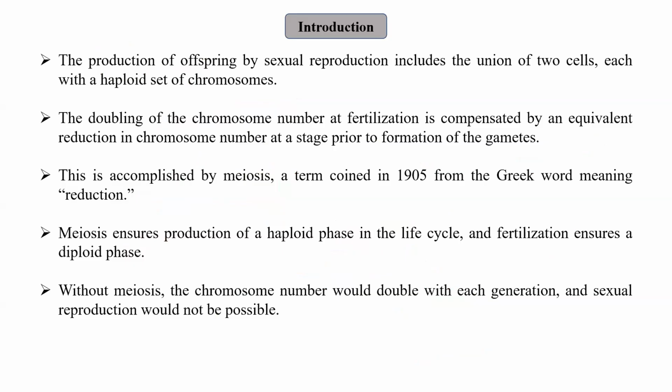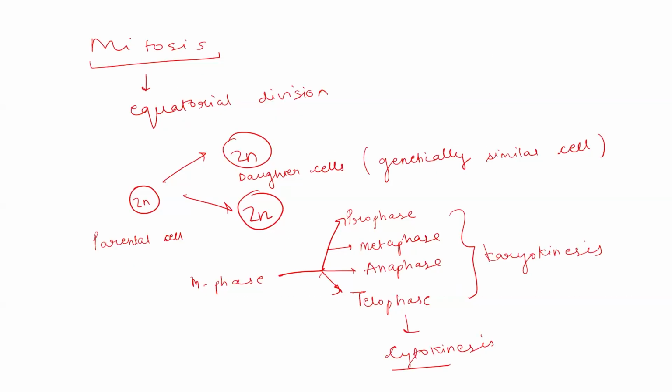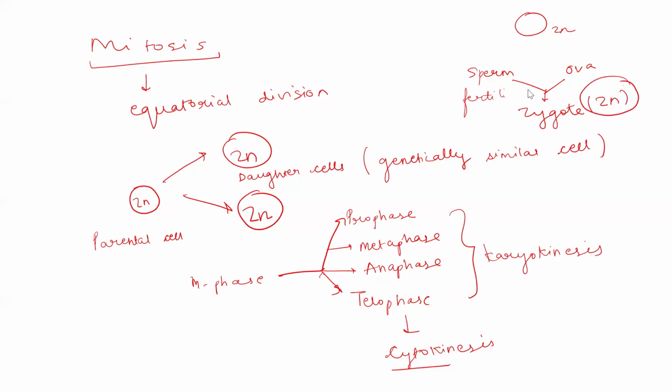We know that during reproduction, there is a formation of gametes. The gamete formation results in the production of sperm and ovum, for example, and the fusion of sperm and ova results in the formation of a zygote. So how does a diploid organism, which is already 2n in number, maintain its number in the zygote even after fertilization?